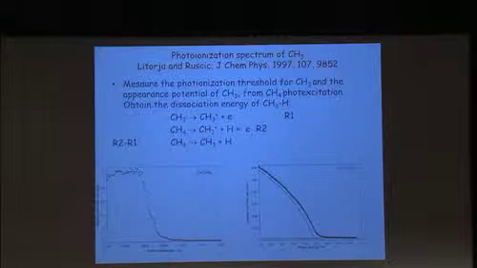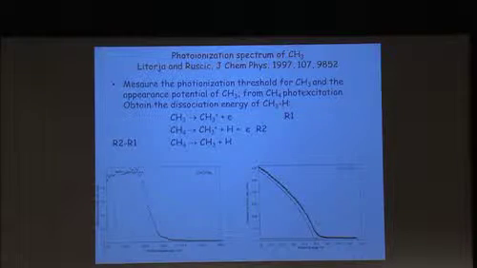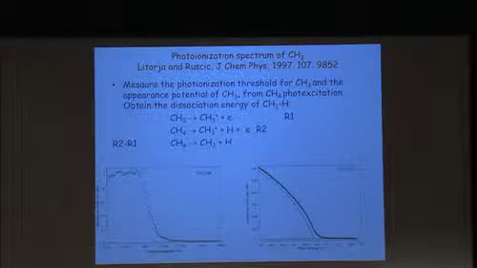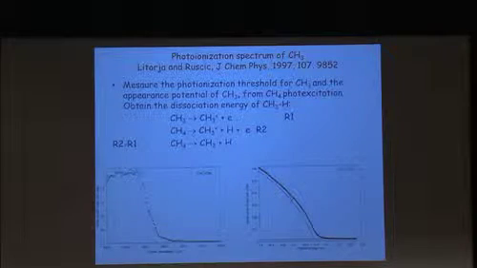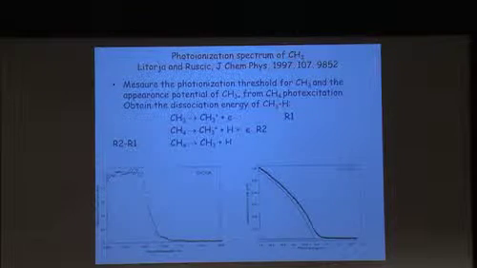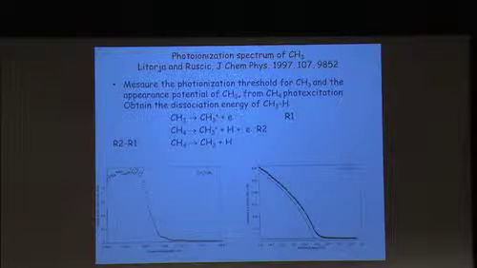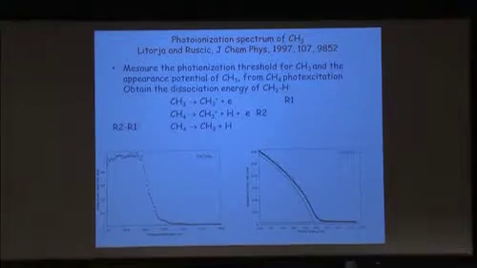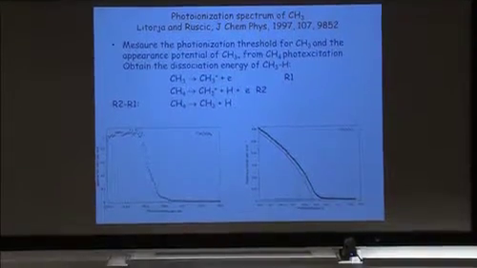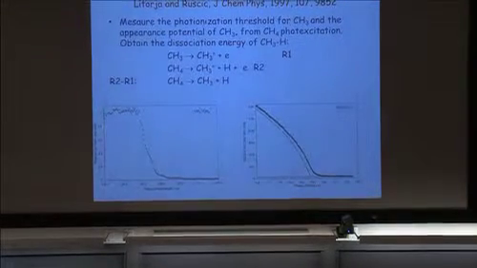Those are kinetic measurements. You can use photoionization spectroscopy in the following way. This is a paper by Rusic. And what you can do is look at the ionization of the methyl radical here.